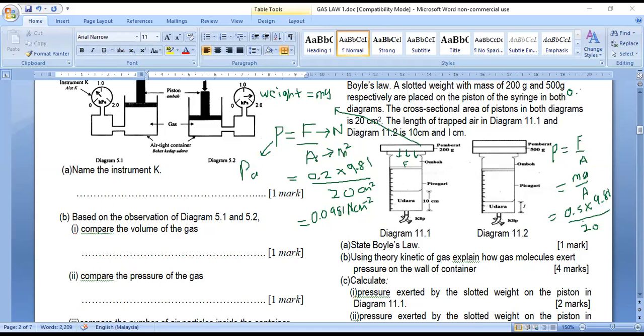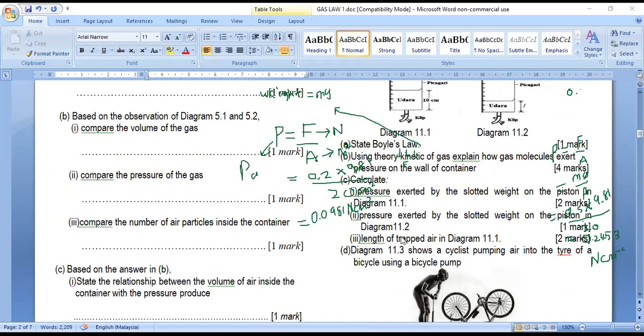So 0.5 times 9.81 divided by 20. You get 0.2453 N cm^-2.